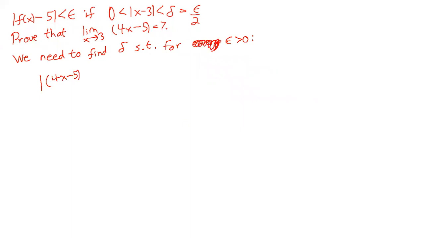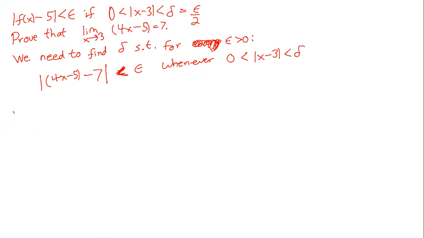So for every epsilon there will exist a delta, but it's not necessarily the same delta for all the epsilon. So if the limit is 7, then the difference between 4x minus 5 and the limit needs to be less than epsilon whenever 0 is less than |x minus 3| is less than delta.